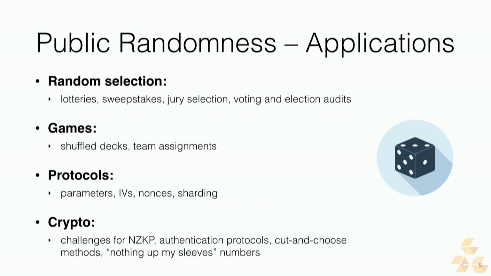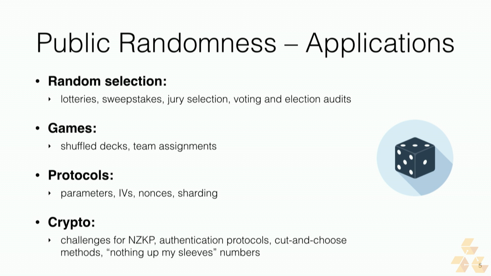For public randomness, you have a lot of applications, and here are four big categories. First of all, you can do random selection. You can run lotteries, or you can use it for voting and election audits. Then you can also use it for games, for example, to shuffle your decks. You can use it for protocols, for example, to choose parameters, initialization vectors or nonces, or you can also use it for sharding.